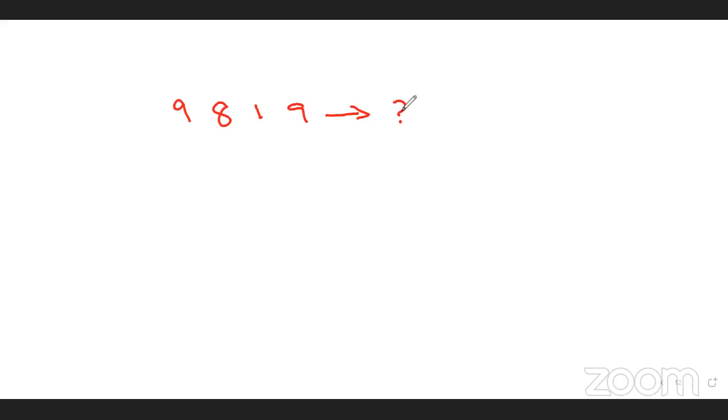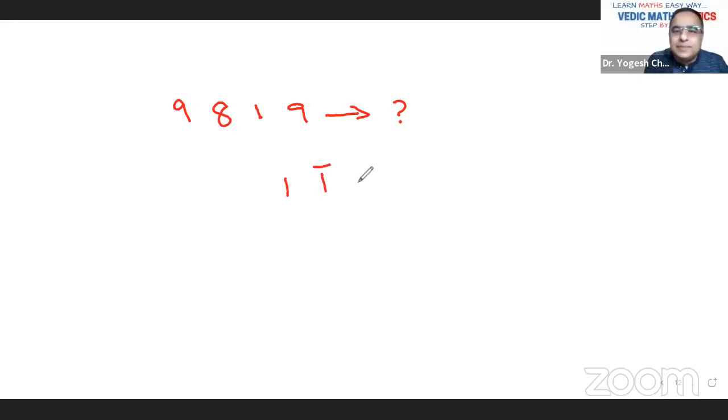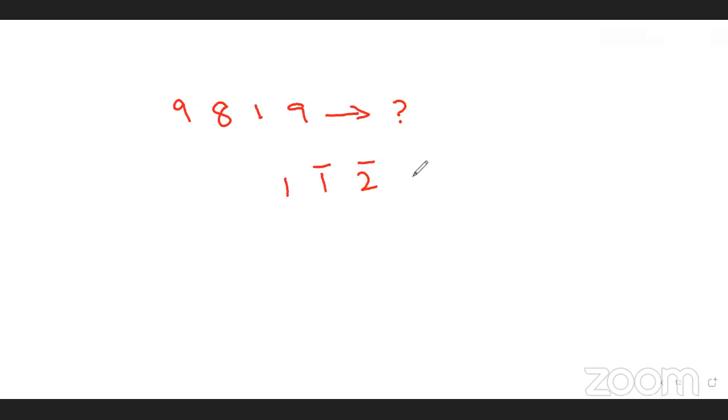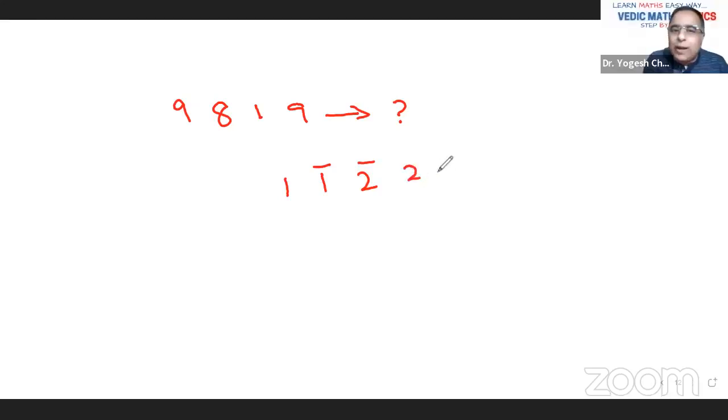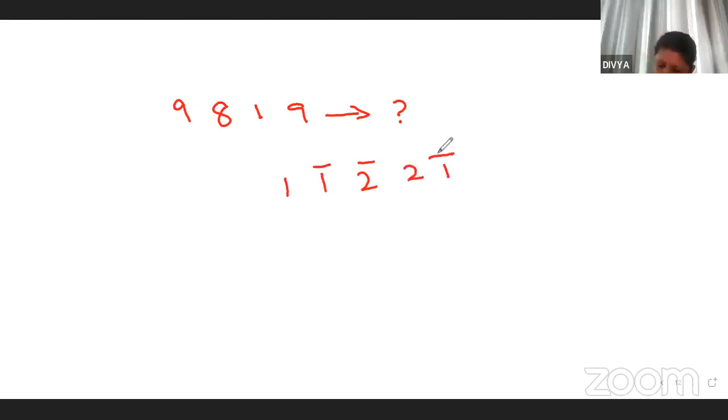1 bar, 2 bar, 2, 1 bar. Sorry, come again. 2, 1 bar.